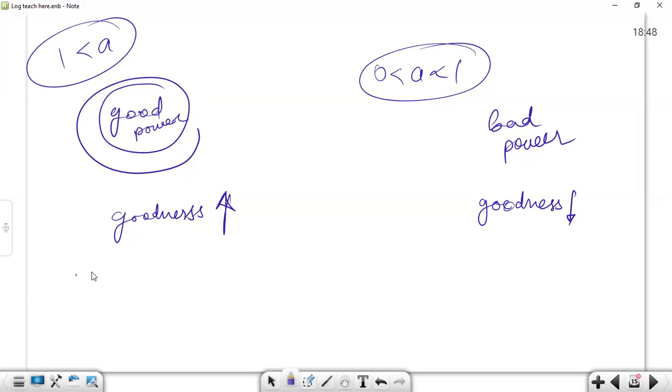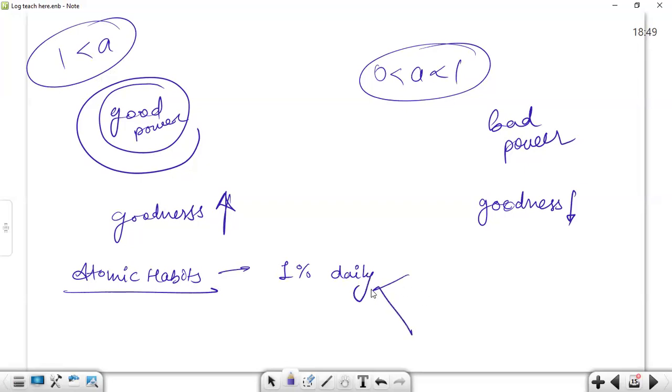There's one more example in the book Atomic Habits, and I'll give you an assignment for this. In this book, there is a concept that if we improve ourselves by 1% daily, and we can change ourselves 1% daily in both ways, we can also do it negatively.